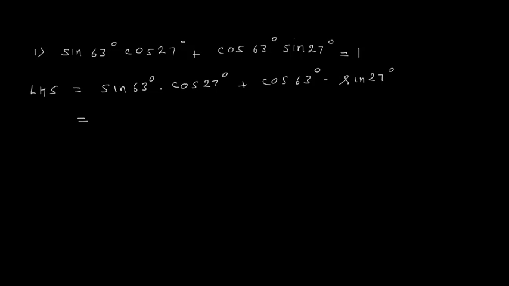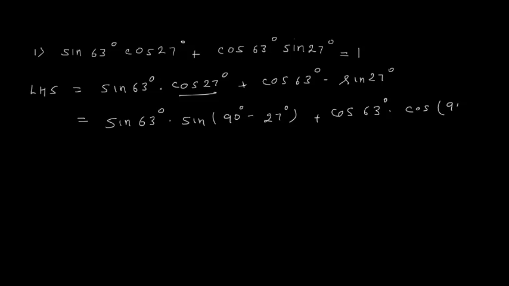Now here I will convert this cos into sin, so it will become sin 63 degree into sin (90 degree minus 27 degree) plus cos 63 degree into, this sin will convert to cos, so this is cos (90 degree minus 27 degree).